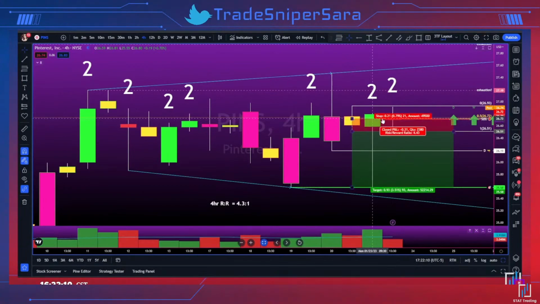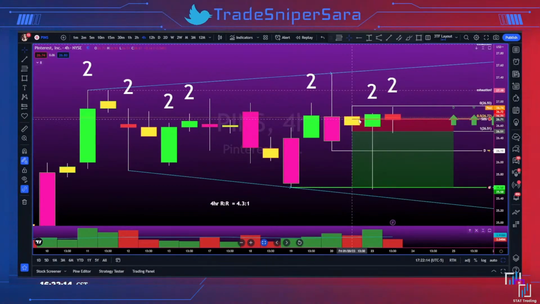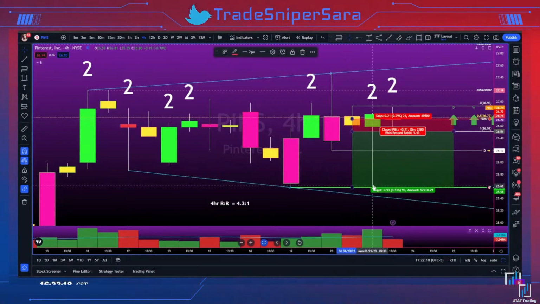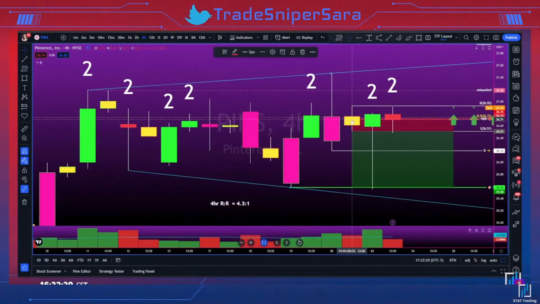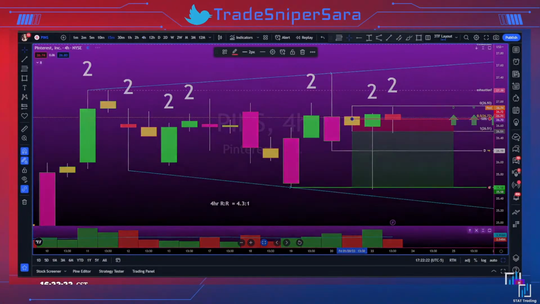If we go down to a 15-minute time frame, you'll see that your stop did not get hit before your target did, even though this candle closed higher than the stop. I'll show you.